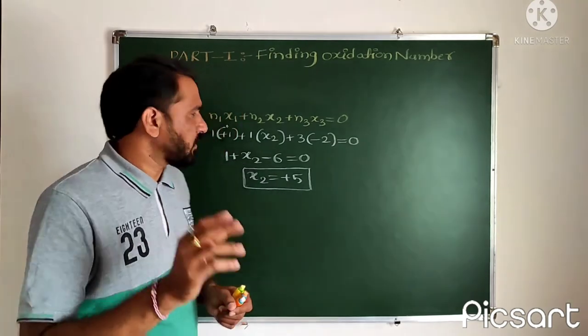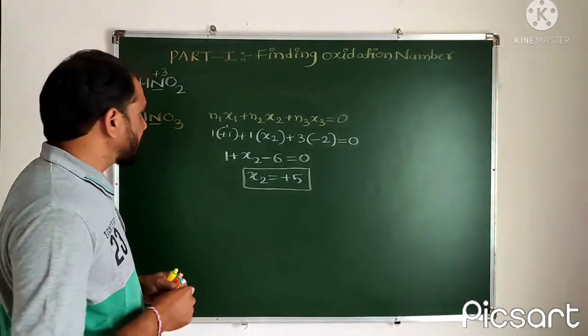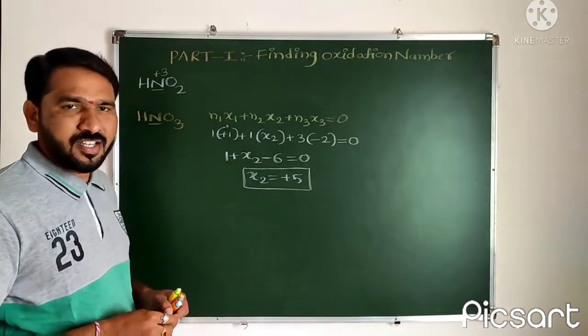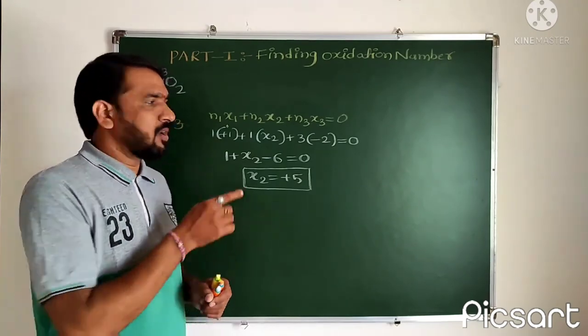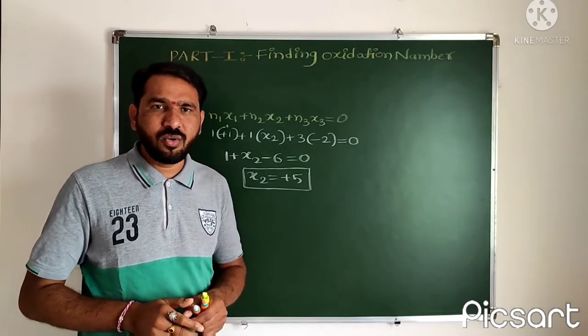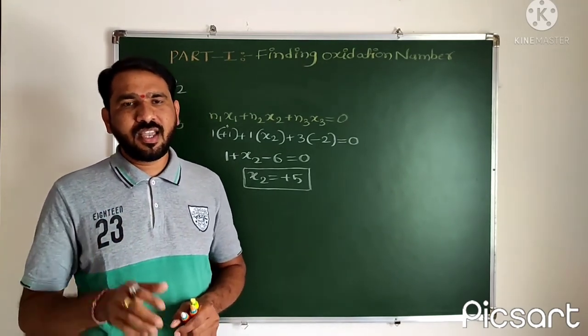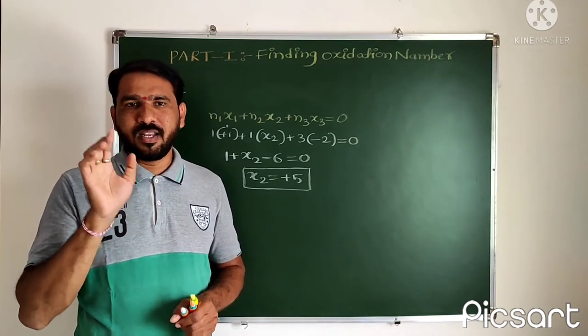Is it clear? So here minus 2 is the general oxidation state of oxygen, into number of oxygens 3, that results in minus 6. As I told, for a neutral molecule, number of negative charges is equal to number of positive charges. We calculated the negative charges using oxygen as minus 6.